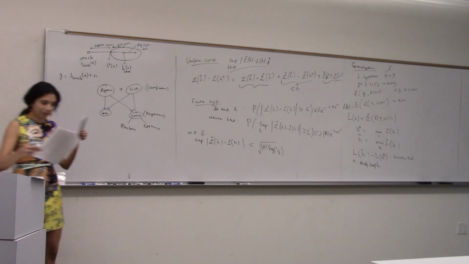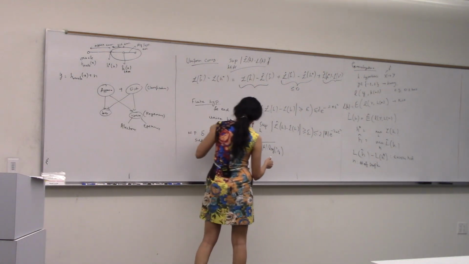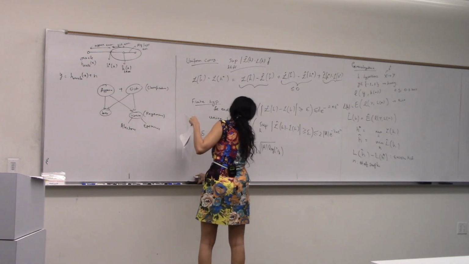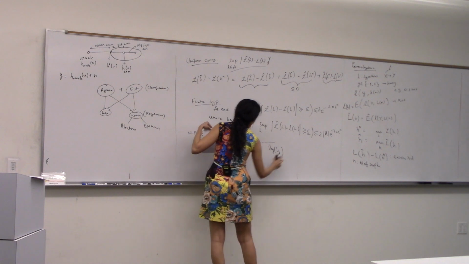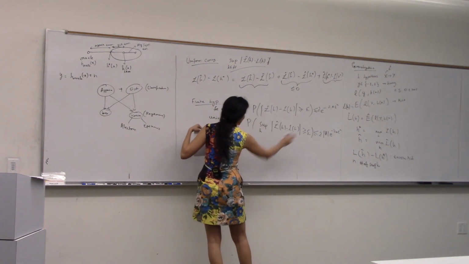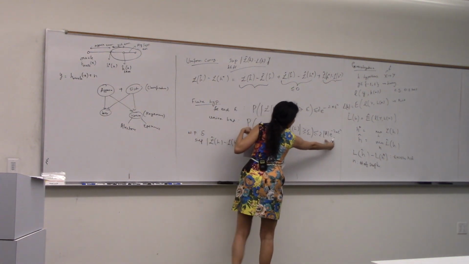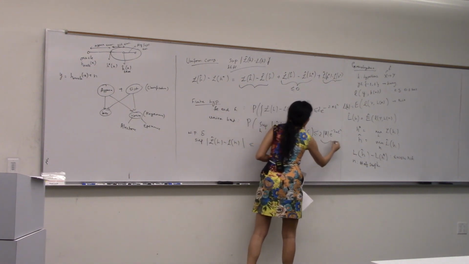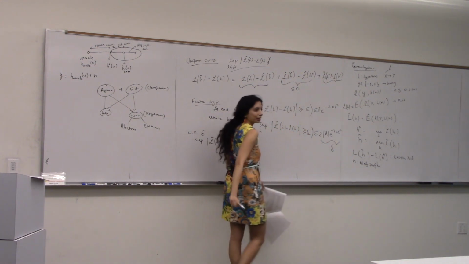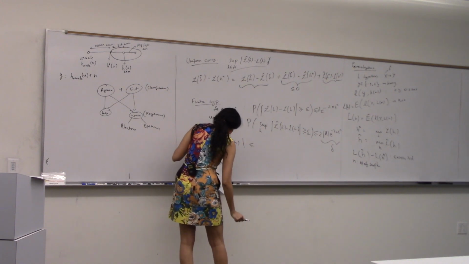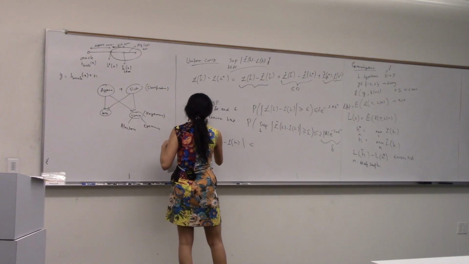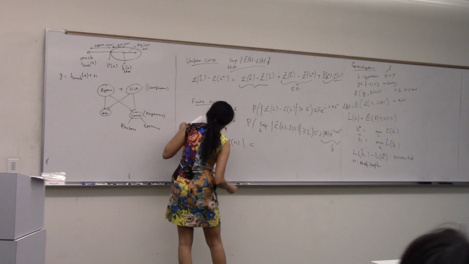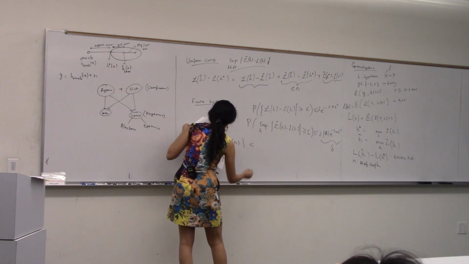Okay, there's a 2 somewhere. Sorry, the log also goes there. We have the log here. That just comes from setting this to be equal to delta, so this is just algebra. I set that equal to delta, and then with probability 1 minus delta, it will not exceed.